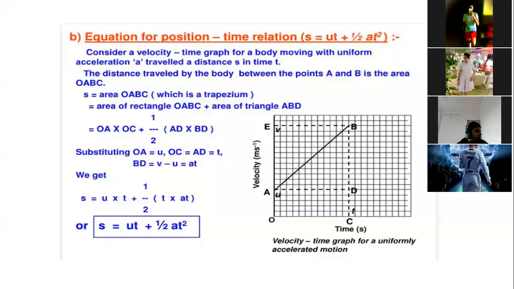So children, up till now we have derived two different equations using the graphical representation, the same graph. The first equation says v is equal to u plus at. This is applicable in all cases where you are given v, u, a and t. And the second equation is s is equal to ut plus half at squared.